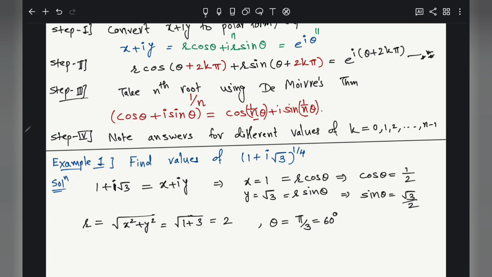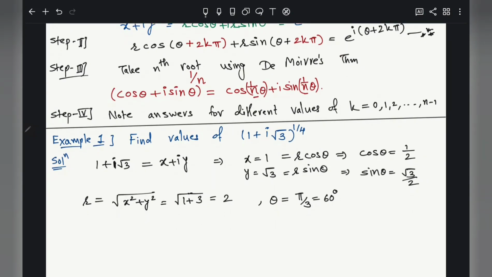So like this we have got the value of r and θ. So we can successfully convert our complex number. 1 + i√3 has polar form 2(cos π/3 + i sin π/3). So our first step is complete here.